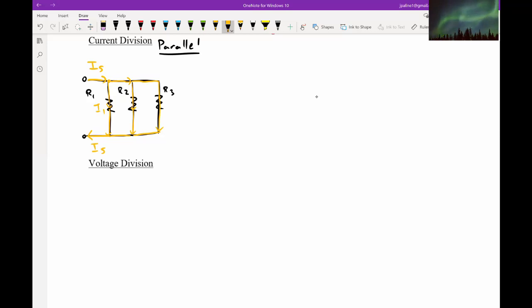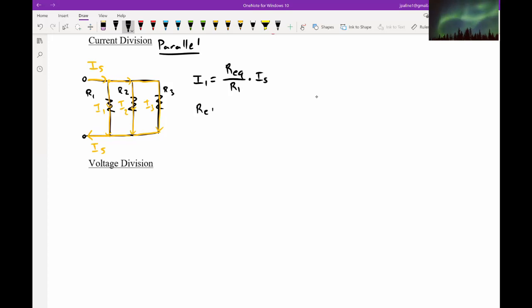So back to this. Each one of the currents that go down the branches, we'll call I1, I2, and I3. If we want to find a particular current down one branch, say if we wanted to find the current I1, we could just say I1 is equal to R equivalent over R1 multiplied by I of S. And what is R equivalent equal to?